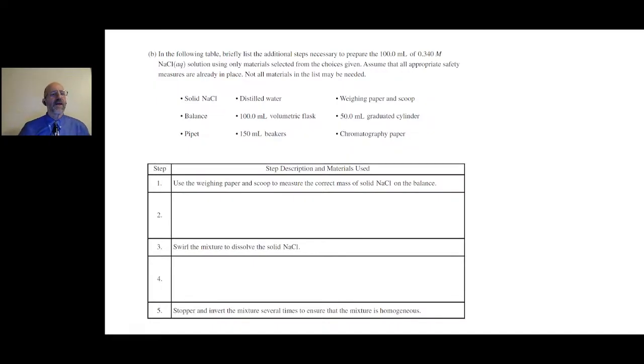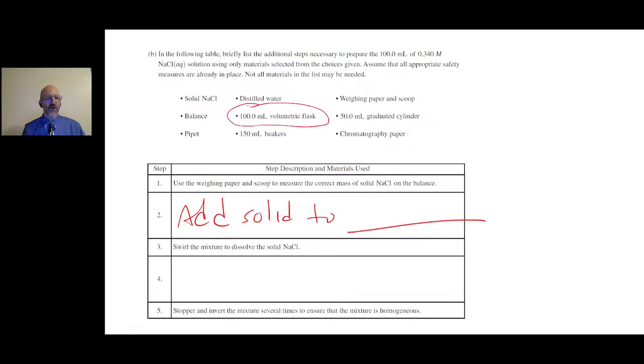Use the weighing paper and scoop to measure the correct mass. Then you need to add the solid to a what? Not a beaker, not a graduated cylinder, not an Erlenmeyer flask, but a volumetric flask. So that would be a point for choosing the correct piece of lab equipment. And of course, then you're going to add some water to get that to dissolve.